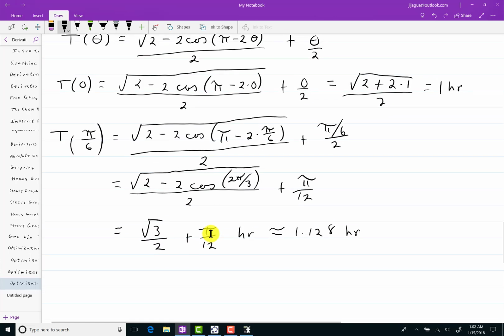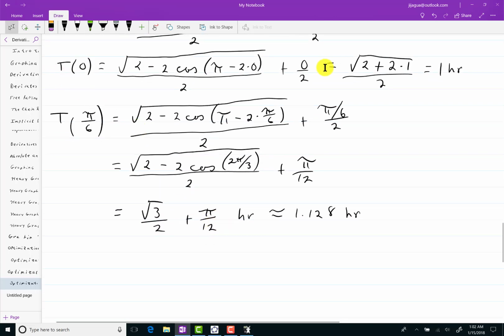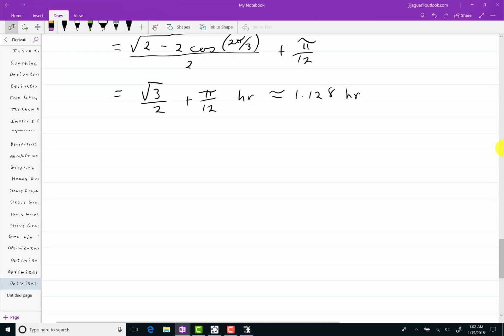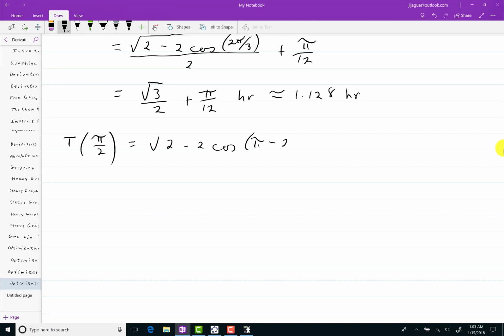So far, swimming the whole way is faster than going out there and then going the rest of the way. And now let's take a look at t of pi over 2. That equals the square root of 2 minus 2 cosine of pi minus 2 times pi over 2, all over 2, plus pi over 2 divided by 2.